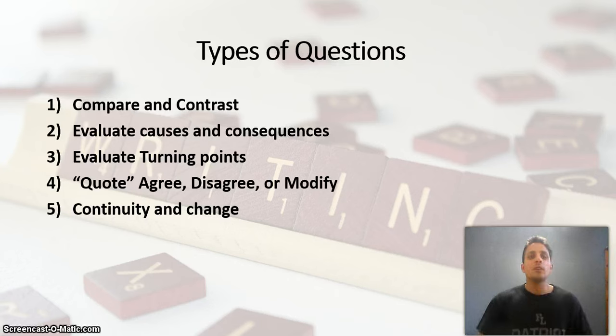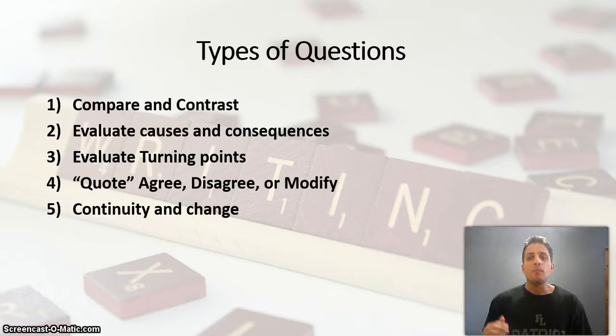But what I want you to notice is that all of these questions are asking you to evaluate. Even the compare and contrast questions aren't simply asking you to describe similarities and differences. They're going to ask you to evaluate the similarities and differences you come up with. That's an important thing to understand.